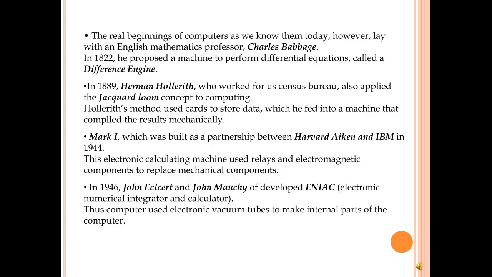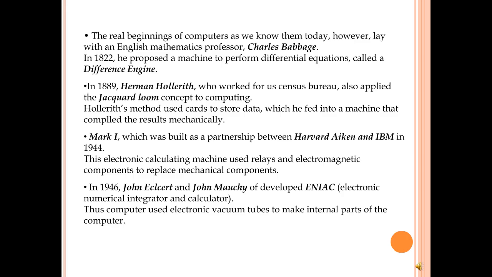Now, it's one of the beautiful evolutions introduced in 1889. Earlier, things like addition, division, multiplication, finding square roots, as well as differential equations could be done.